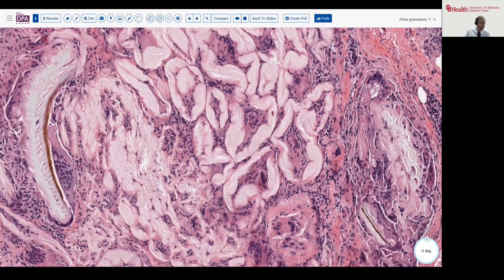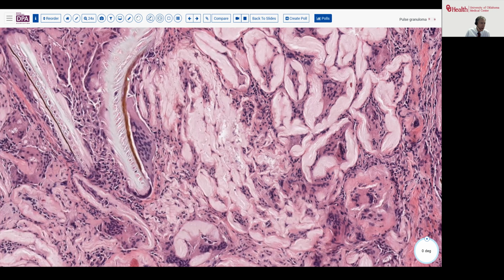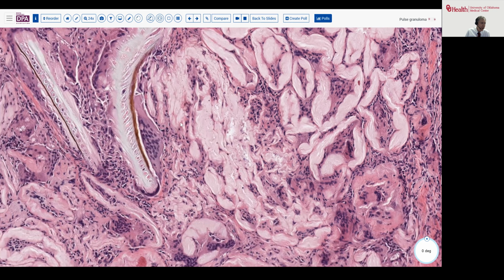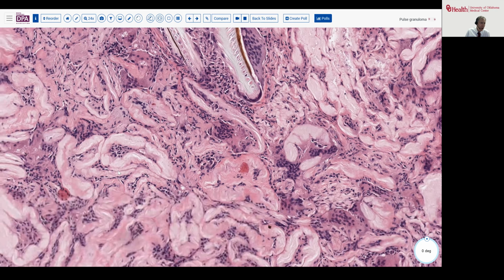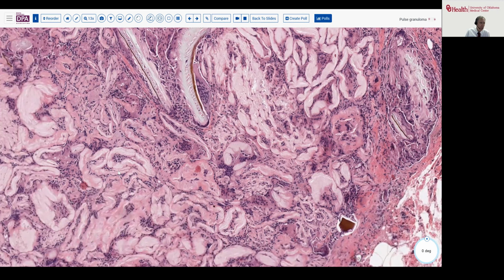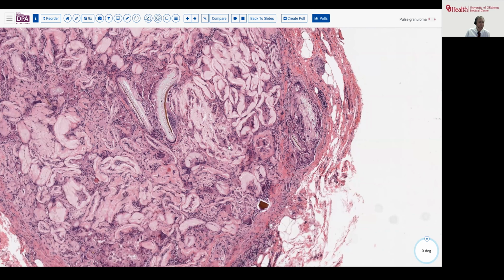In addition, you'll have other plant-based pigments and cell walls and those sorts of things that may be associated with a pulse granuloma as opposed to the ORISE granulomas. But you can see how the differential consideration would be fairly close in this situation.